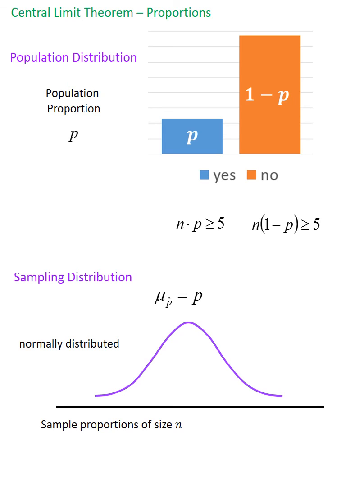It will have an average equal to the population proportion, and it will have a standard deviation that can be calculated as shown. And that concludes the lesson.